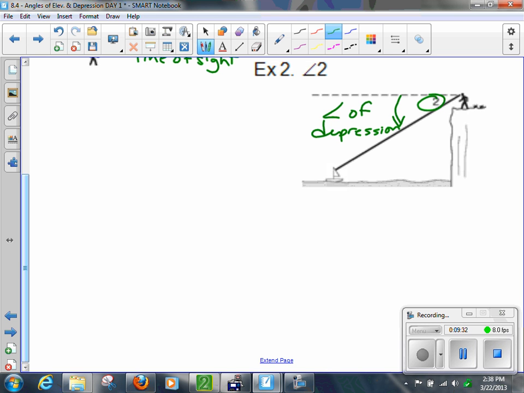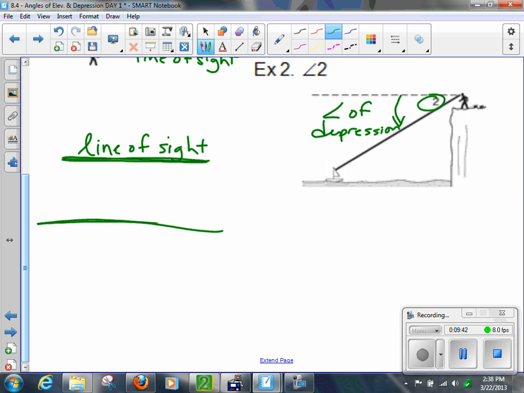It's looking downward. Now, I want you to notice something about these pictures. You have the line of sight. You have the ground, floor, whatever. We've already determined that they are what kind of lines? They're parallel lines. When I throw a line of sight, an angle, it's a transversal, which is creating what kind of angles right here?